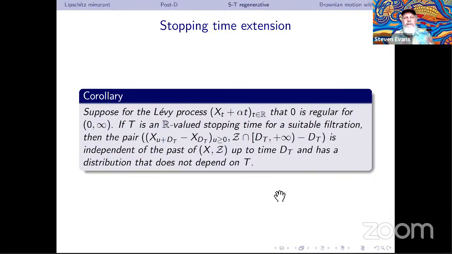And there's a corollary that says that if you work with a suitable filtration, this fact that we had for fixed times extends to stopping times in the suitable filtration. And I won't get into what that suitable filtration is, because we won't be using it explicitly here.